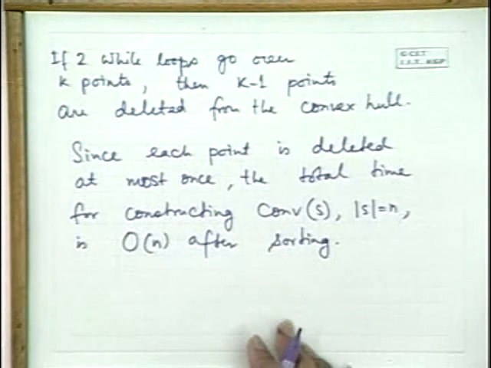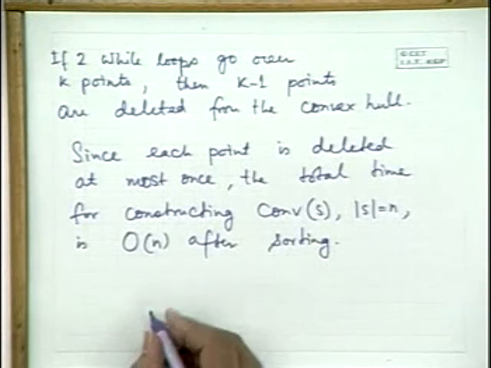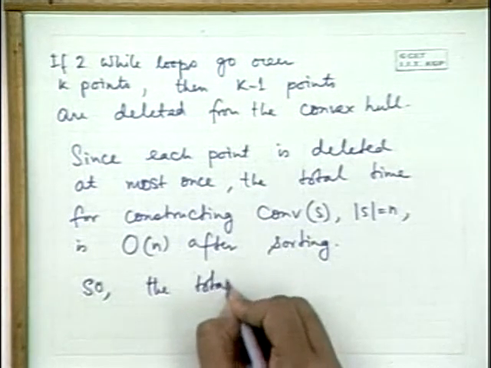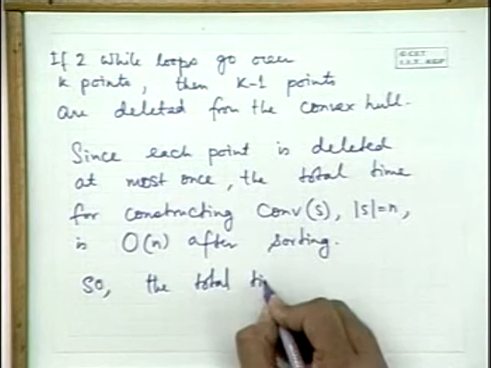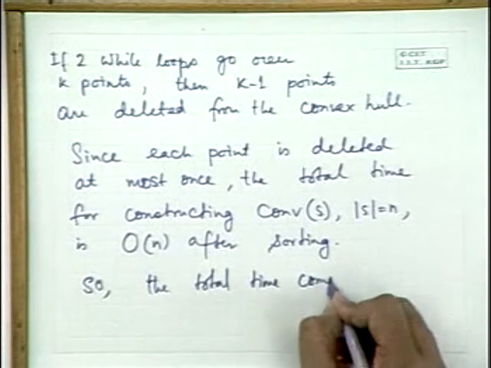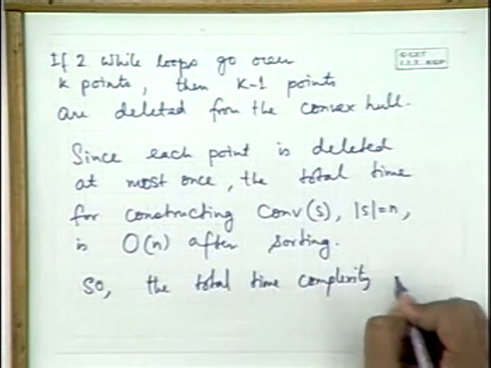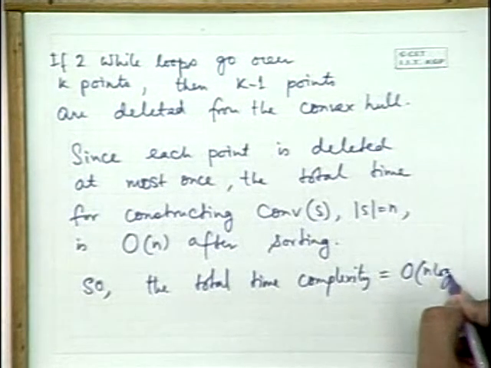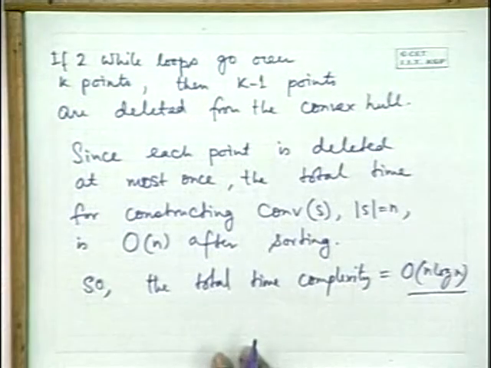So together with the sorting, the convex hull computation, the total time complexity, is how much? Order n log n. It is the sorting time which gives you n log n.